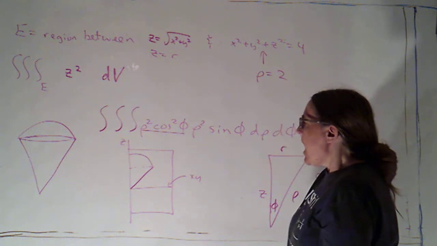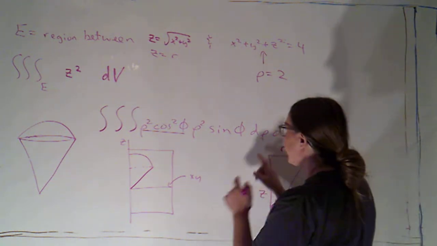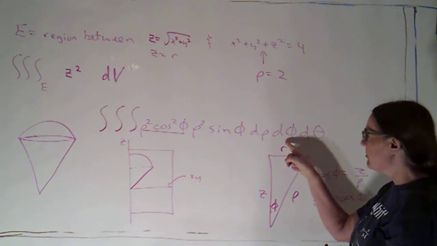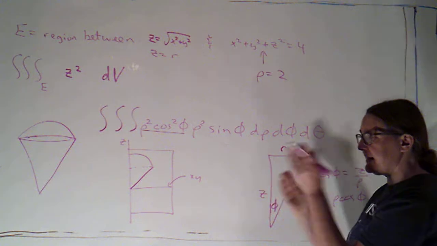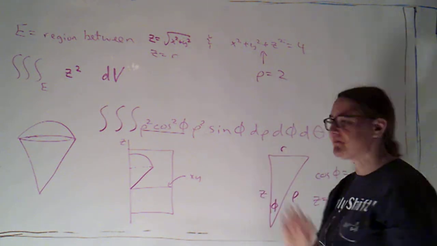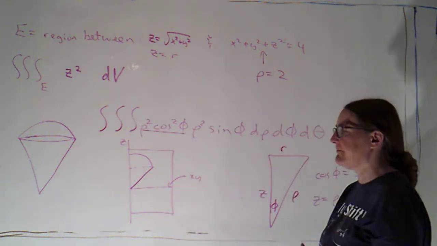Okay. So if I'm solving for the rho values, that's going to be a function of phi. Definitely not a function of theta, because I can see that I have rotational symmetry. Okay. So I get exactly the same picture in every theta half plane.